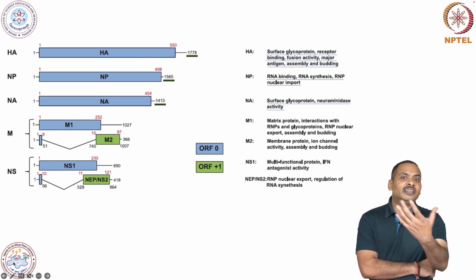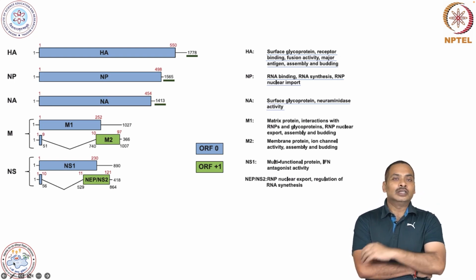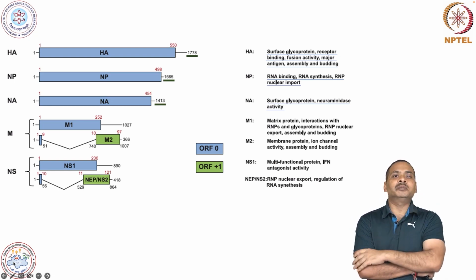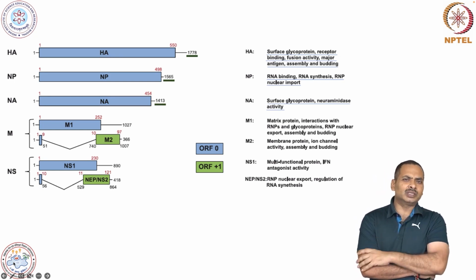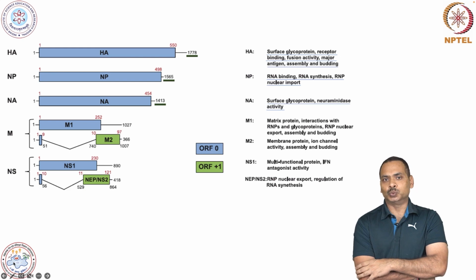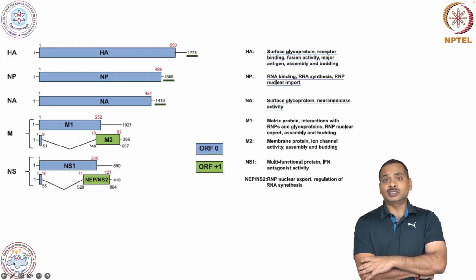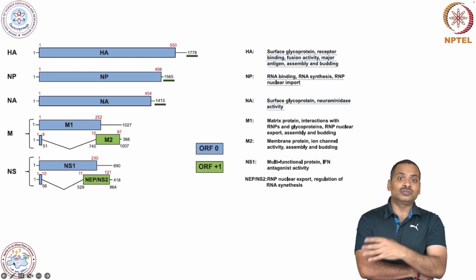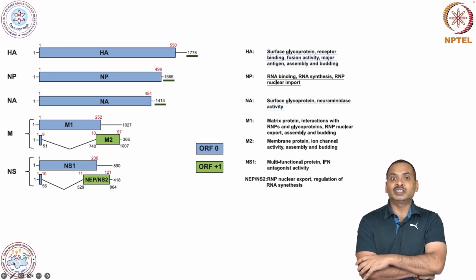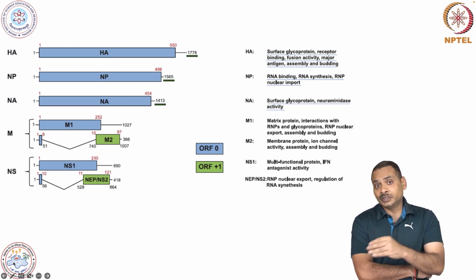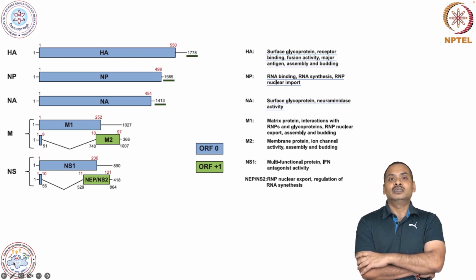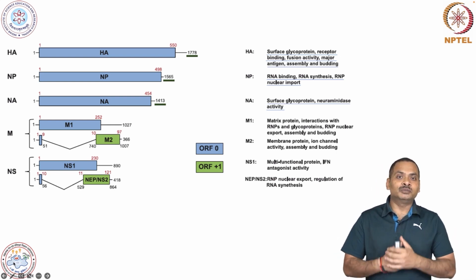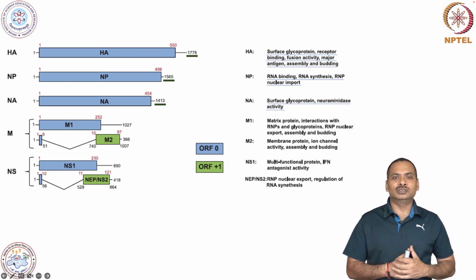There are several drugs which are inhibitors of neuraminidase, and you are probably aware of the drug known as Tamiflu. This Tamiflu is an inhibitor of neuraminidase used for the treatment of influenza infection. Now there are Tamiflu resistant influenza viruses, so we have to find some new strategy in order to control the influenza virus.